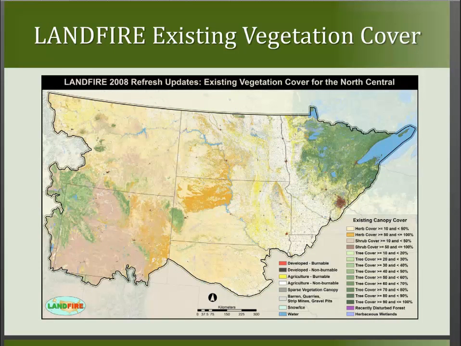So the next map you'll see is existing vegetation cover represented in 10% increments, separated out by herbaceous, shrub, and tree canopy. And with this map, I'll point out what I call my favorite pixel syndrome. I see it happen all the time, where somebody sees a map like this and they drill into where they take their families on picnics all the time, or the stand that they've been managing with their grandpa for 30 years.